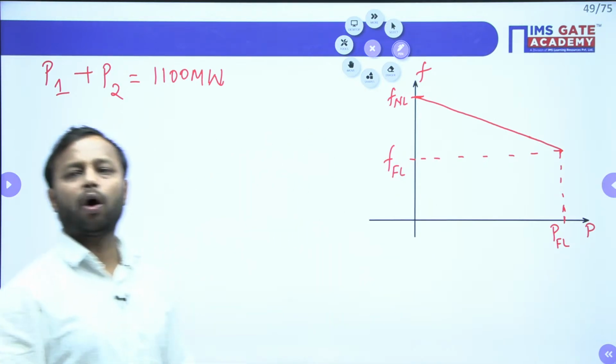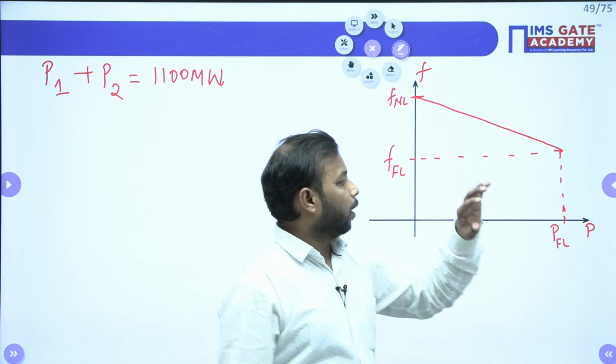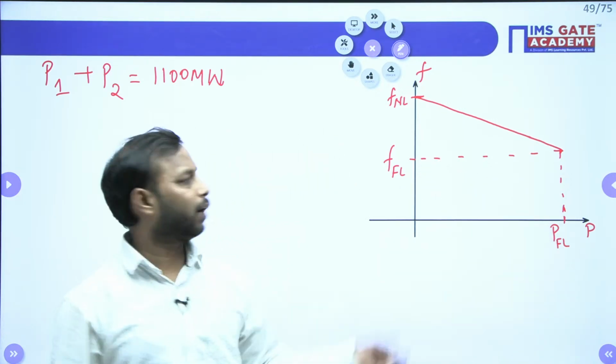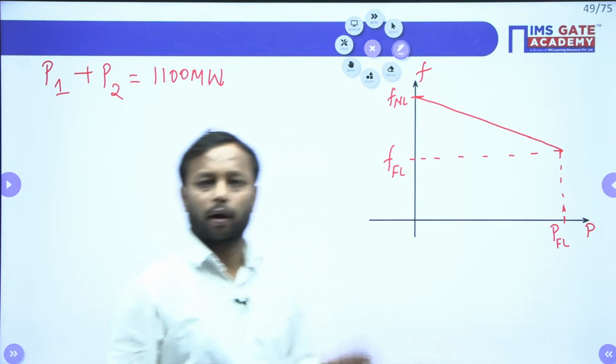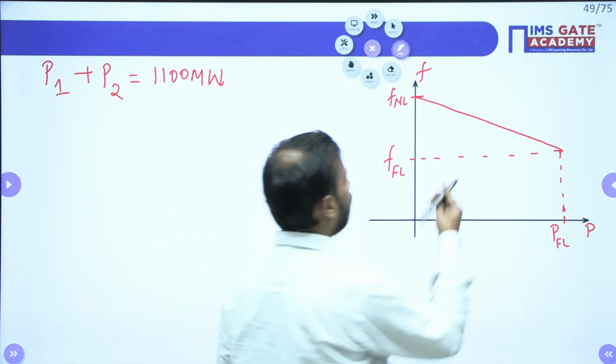But this is not the general case. It is not always true that your machine is operating at full load. The machine can operate at less than the full load value. So let us take it is operating at less than full load.